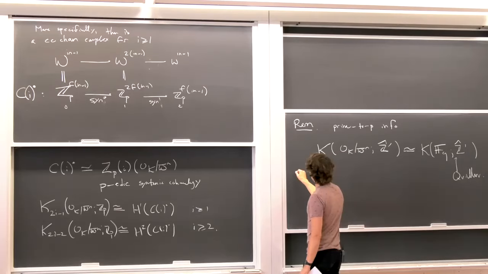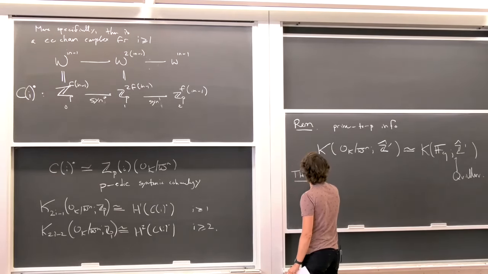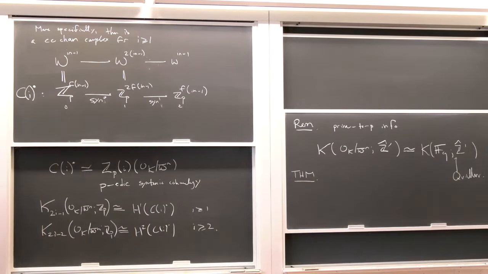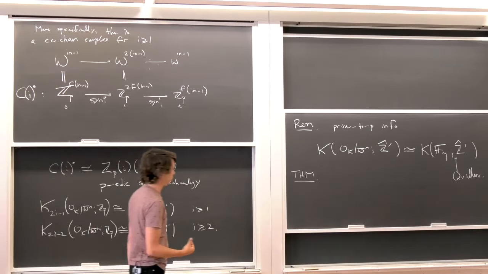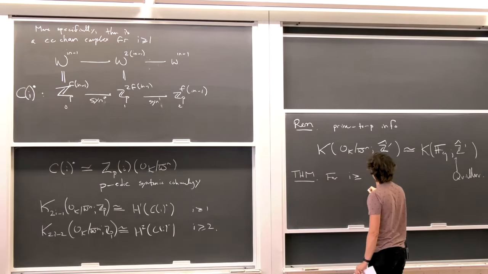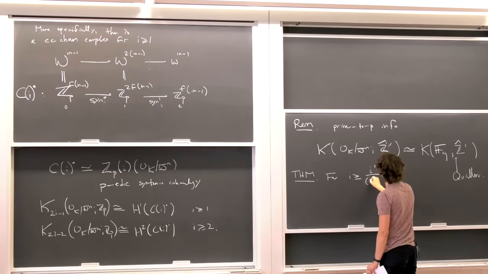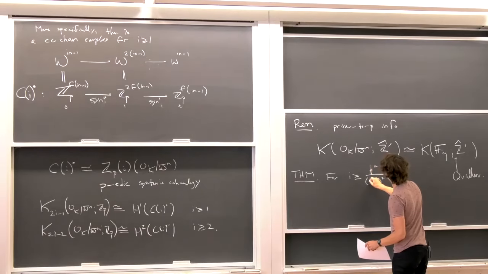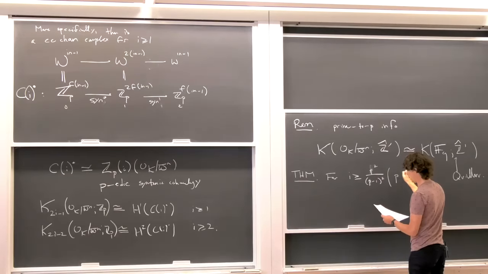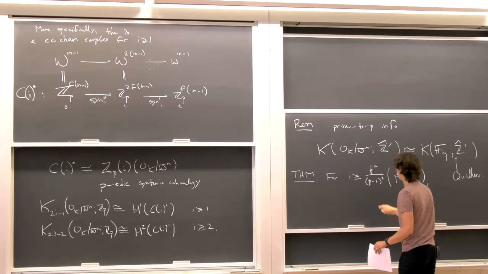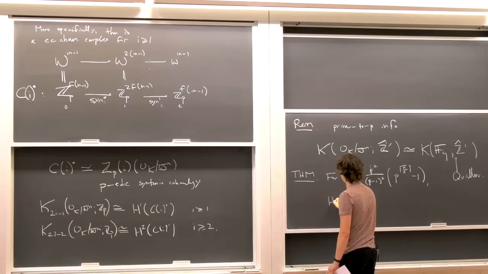The second remark is something which we were only able to prove after constructing this algorithm and running it on a bunch of examples. We started to see an interesting pattern, and we were able to prove that pattern always holds. Specifically, for i bigger than some bound, times p^(n/e) minus 1, in this range the even groups vanish.